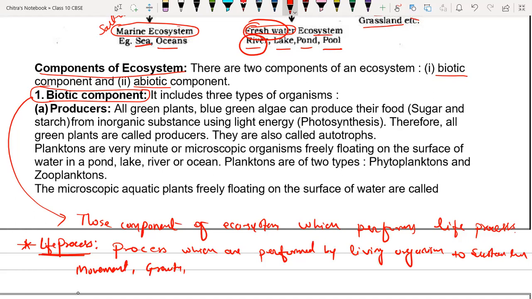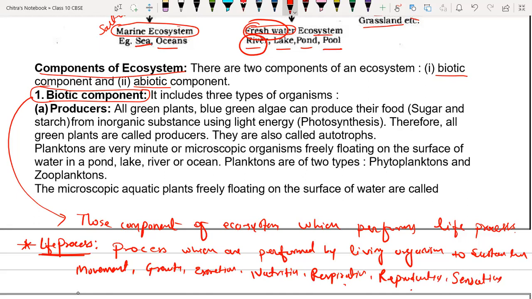So like 7 life processes we have: movement, growth, excretion, nutrition, respiration, reproduction, and sensation.